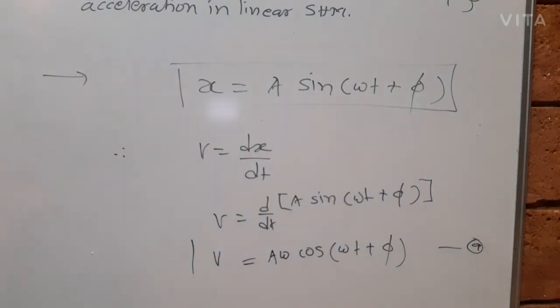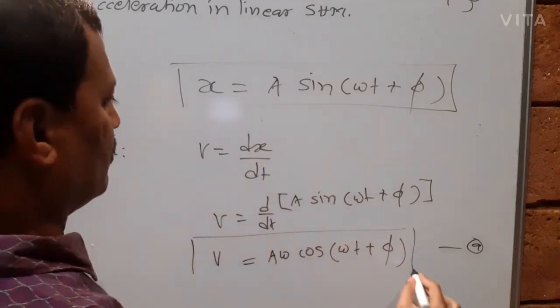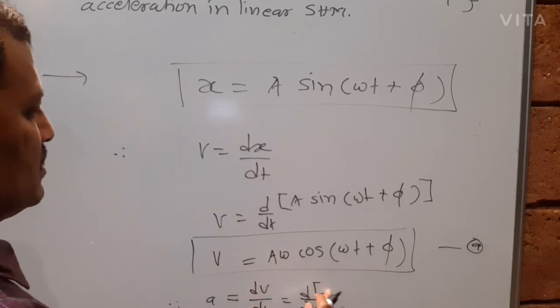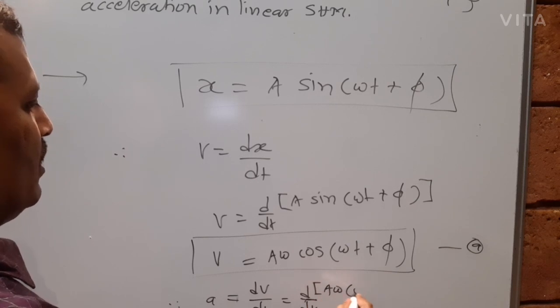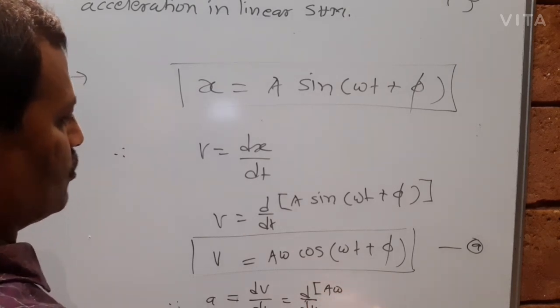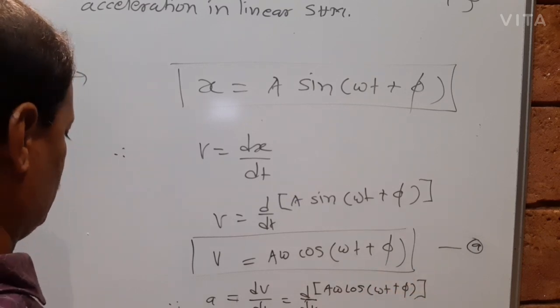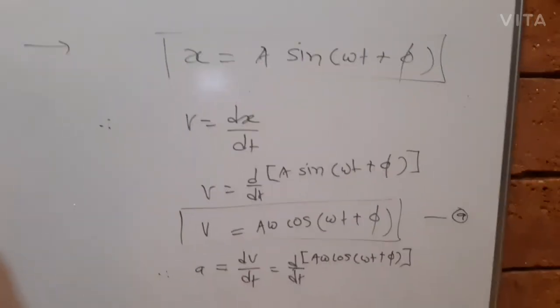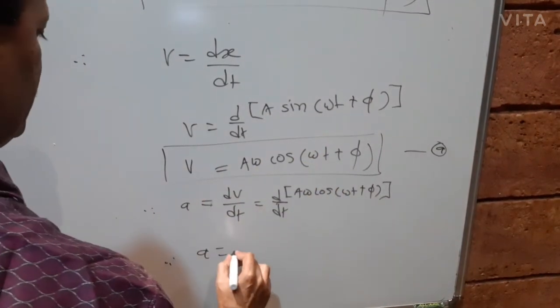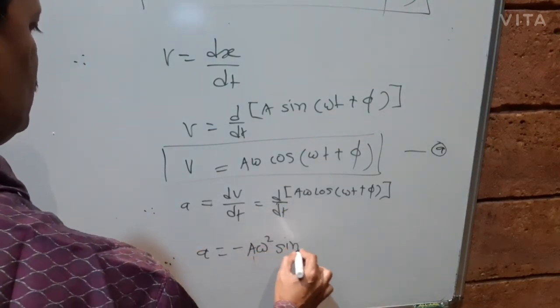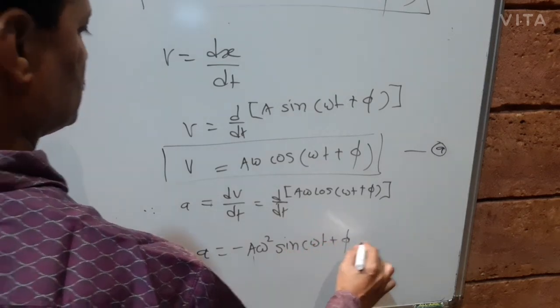This is the displacement, this is the velocity, and therefore acceleration is equal to dv divided by dt, which is d by dt of this derivative, A omega into cos of omega t plus phi, and so the acceleration becomes minus A omega square into sine of omega t plus phi.